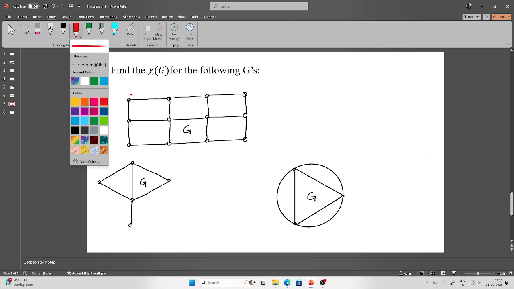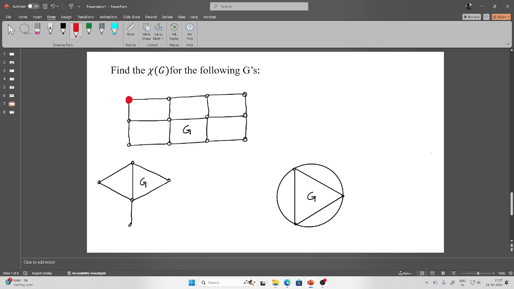So here I am painting red, let's say. Then can I paint this vertex red? No. Can I paint this vertex red? No. Can I paint this vertex red? Yes, because this vertex and this vertex are not at all adjacent. Can I paint this red? No. Can I paint this red? Yes, I can paint this vertex red.